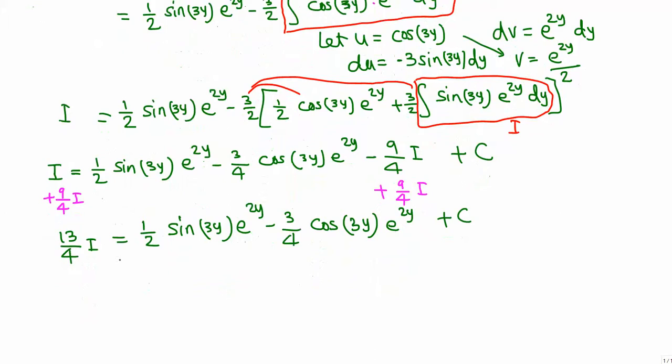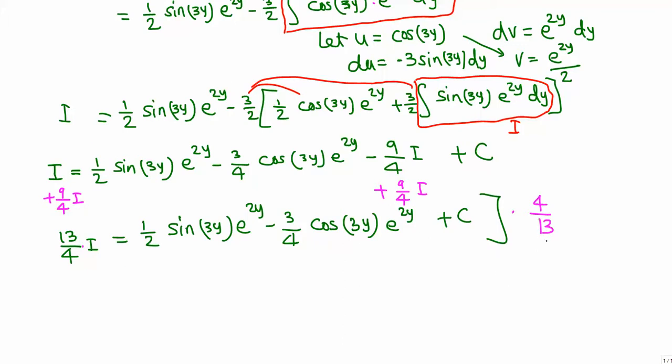Now we can isolate I, the integral without the factor 6. So I equals, we need to divide by 13 over 4, which is the same as multiplying by 4 over 13.